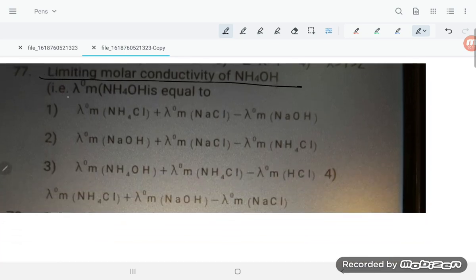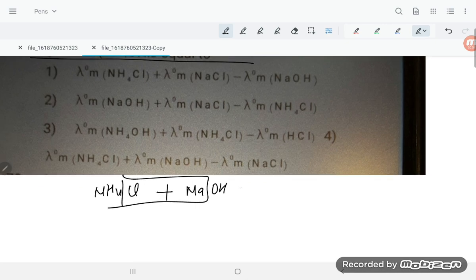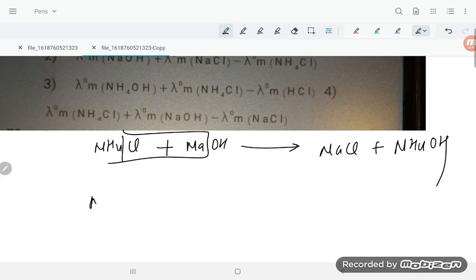Limiting molar conductivity of NH4OH. So how can you form it? Suppose NH4Cl is there and you are treating it with NaOH. So it forms NaCl plus NH4OH. So for NH4OH, how can you calculate?